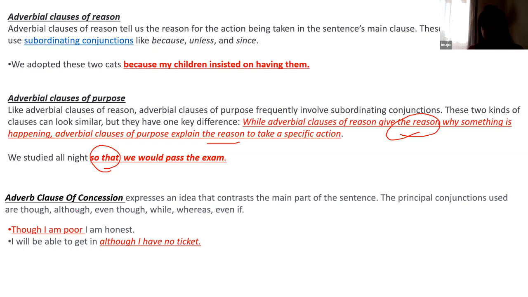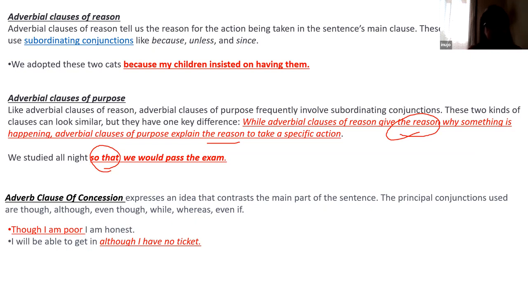Now, adverb clause of concession, we know the principal conjunctions used are though, although, even though, while, whereas, even if. An idea that contrasts the main part of the sentence. Mane, if there is a main clause and a subordinate clause, its idea will be opposite.